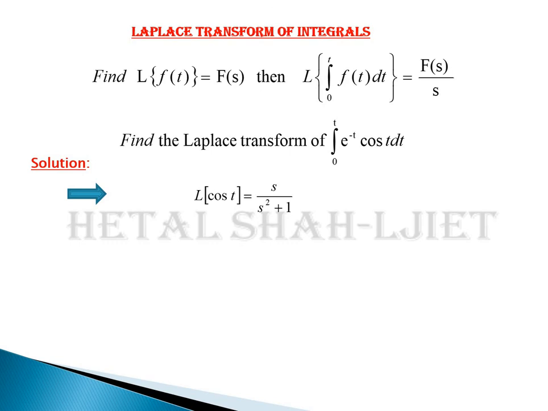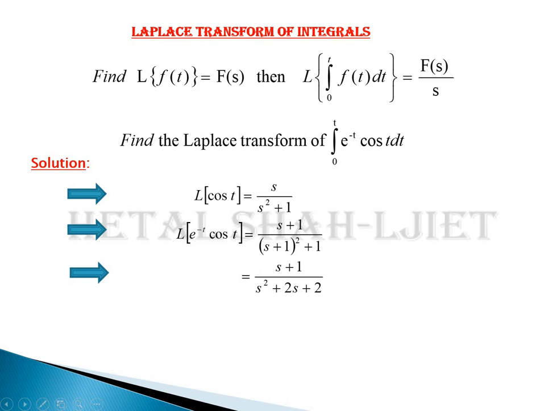So first the Laplace of cos t is s upon s square plus 1. Laplace of e raised to minus t cos t: here we apply the first shifting theorem, that is s plus 1 in the numerator, and in the denominator s plus 1 whole square plus 1. By simplifying, we get s plus 1 upon s square plus 2s plus 2. Now, the Laplace of the integration over 0 to t of e raised to minus t cos t dt is, as per the formula, F of s upon s.